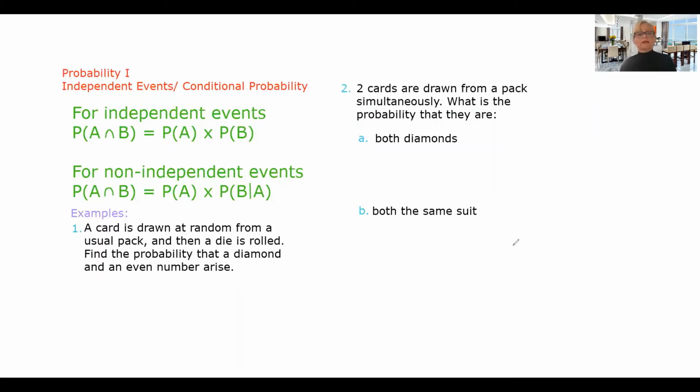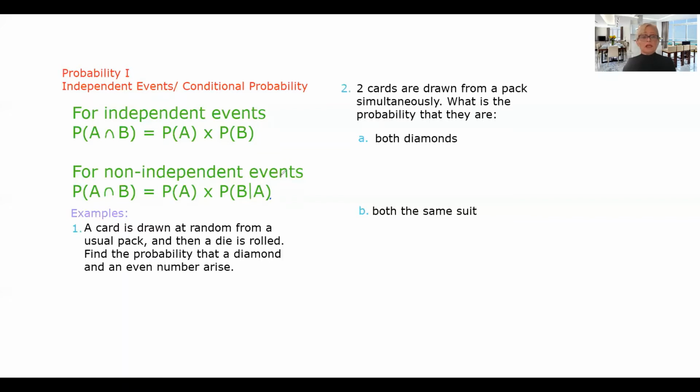If something has any bearing on the probability of the other trial or the other event, then that is conditional probability. Now, the formula looks a bit confusing, but we've already actually been working these out. If things are independent, then you simply multiply their individual probabilities.